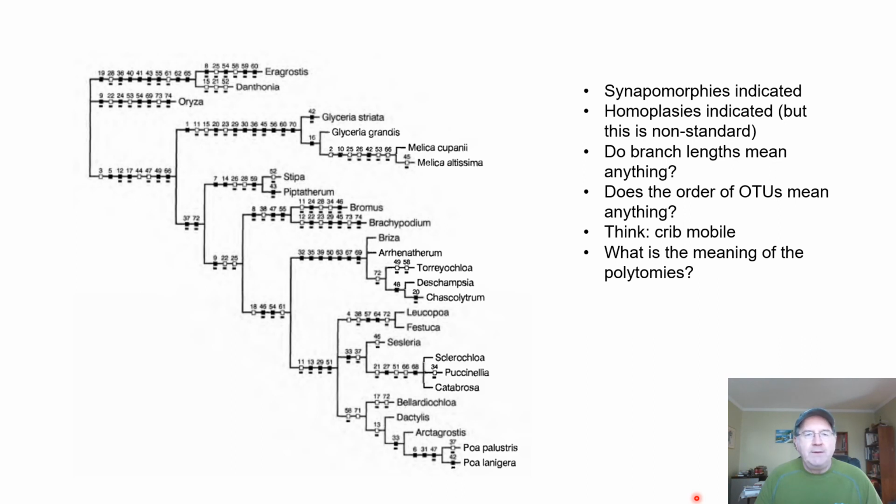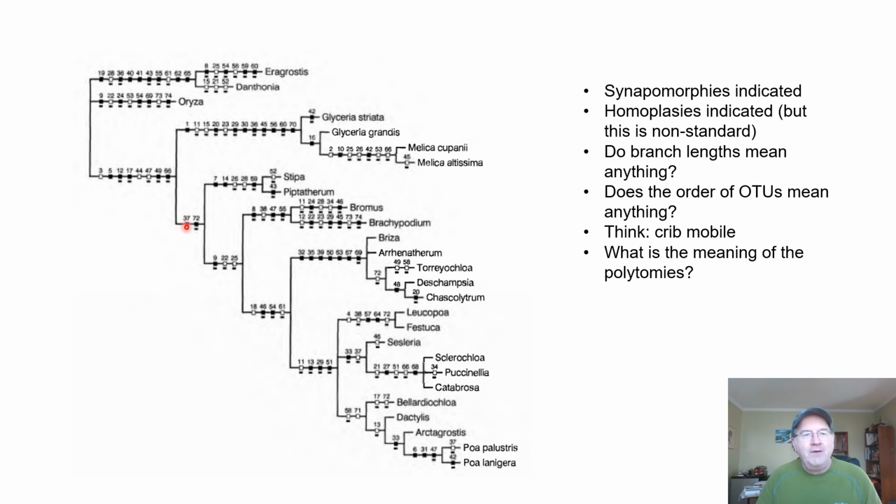Finally, here's one. What is the significance of these polytomies? In the Hennigian principles, you're supposed to be dividing. Every time a speciation event occurs, you end up with two daughter species. So it's dichotomous branching, from one branch going to two branches.